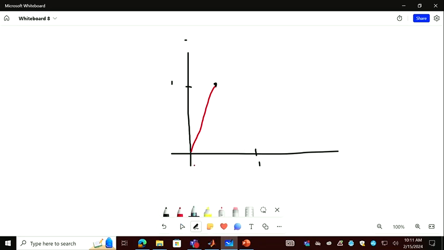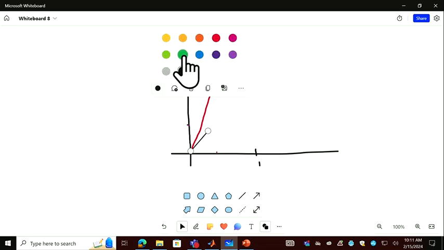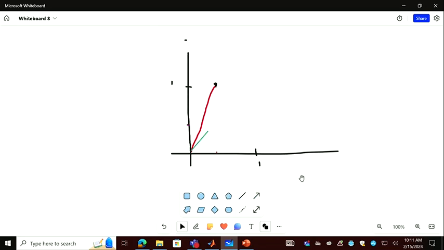Now I want to use B, the green one, as my new x-axis.